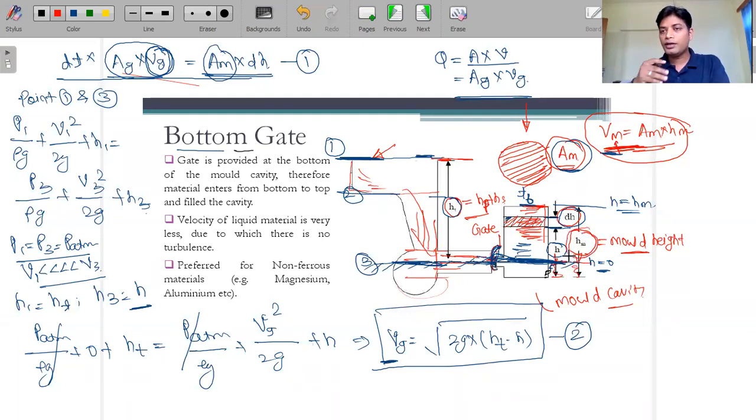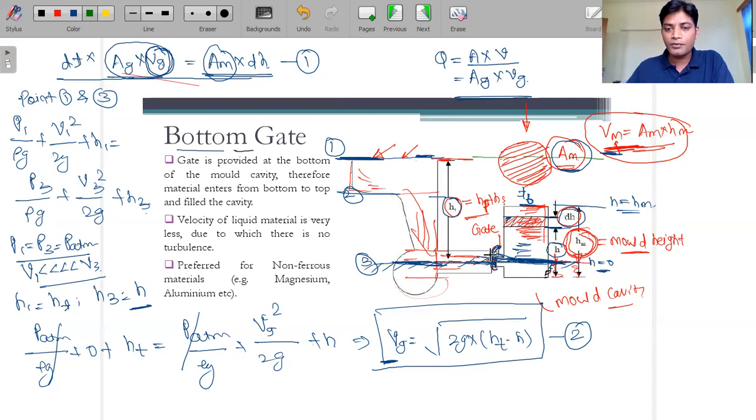Now two questions can be possible. In the left-hand side we are keeping these elements, and in the right-hand side we are filling the mold cavity. What we can do is increase this height; decreasing it we have already discussed. First of all, equate this height.